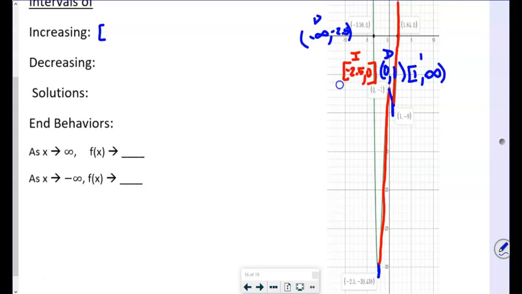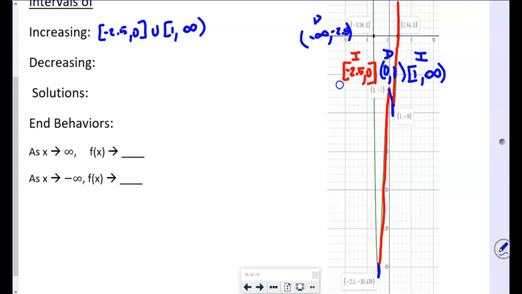This was decreasing, this one was increasing, okay? So from negative 2.5, comma 0 bracket, right? And then we're going to join that with our other increasing, which was 1, comma infinity with a parenthesis.